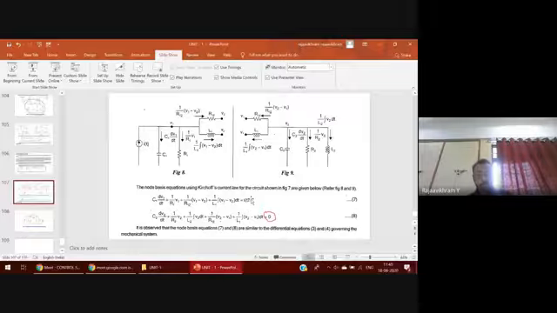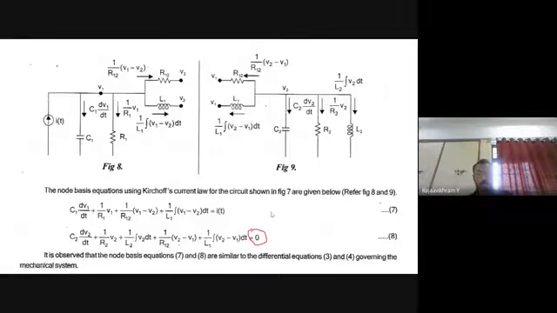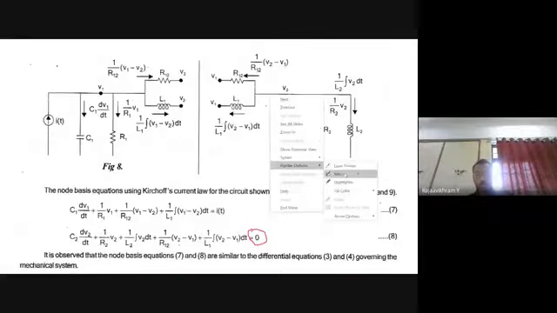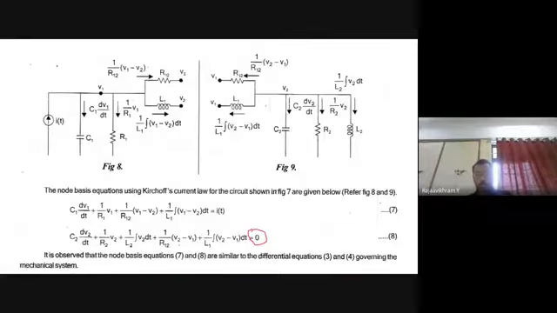Okay. So for the second node, node 2, since there is no input on this side, the input is 0. Again, first start from C2, which is an individual element, and then R2, that is the current flowing through the resistor R2, V2 by R2.